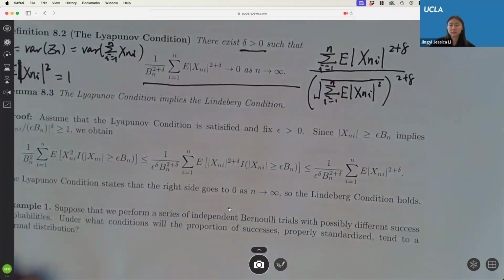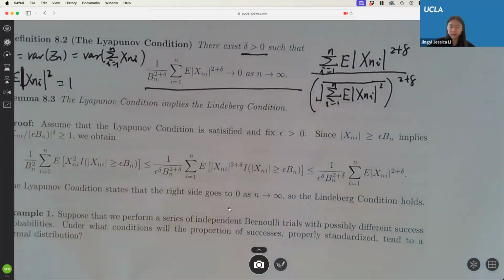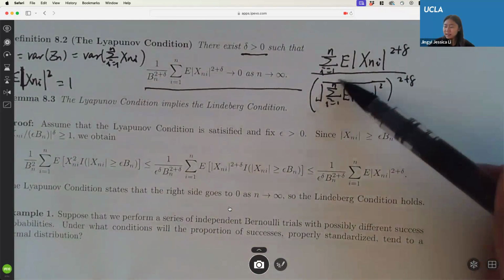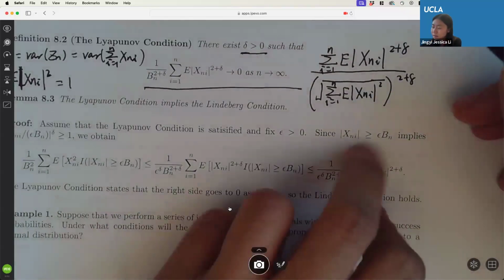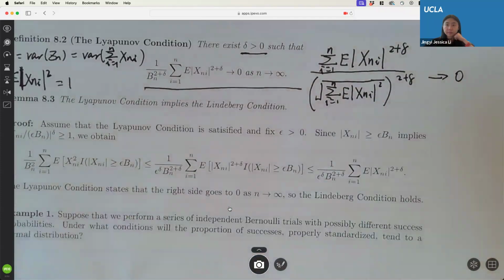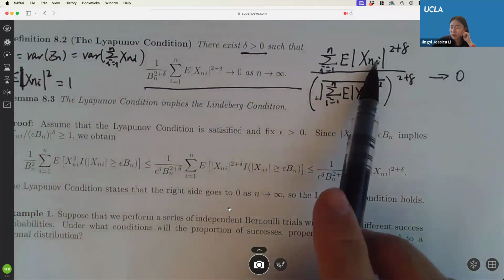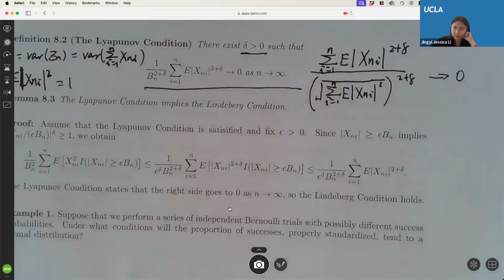This is it, right? Because under the square root, that's our B_n, basically. So we're saying that this increase is slower than this increase. The denominator increases faster, so that's why this goes down to 0. And again, this implies that no single term in the sum actually dominates. That's another implication of that.